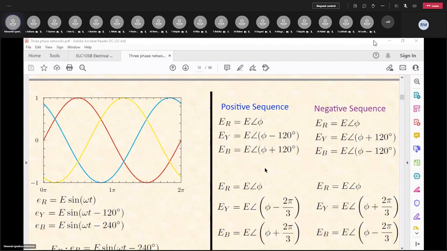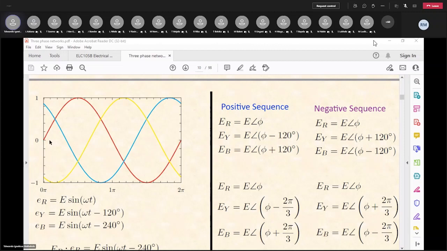So for example, if you look at these waveforms here, you can see that if we start at this starting point, you'd see the red phase peaking at some time, followed by the yellow phase and followed by the blue phase.